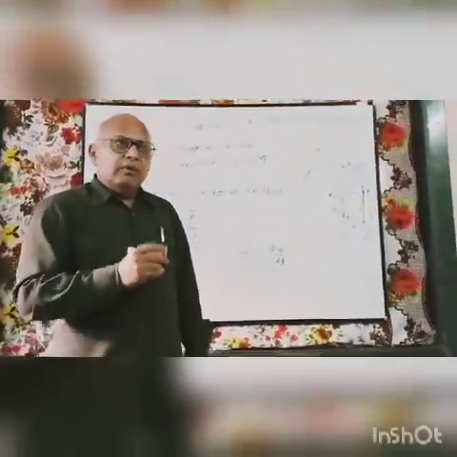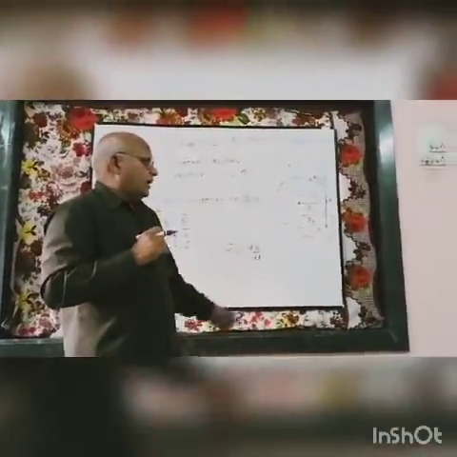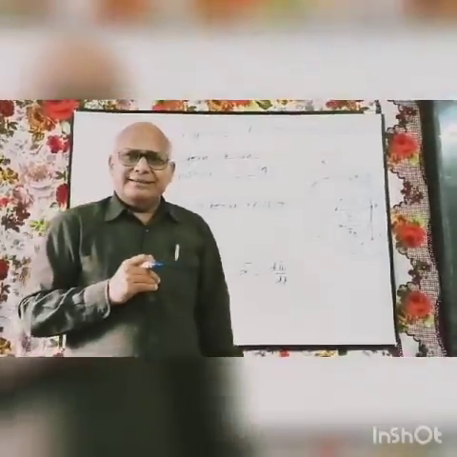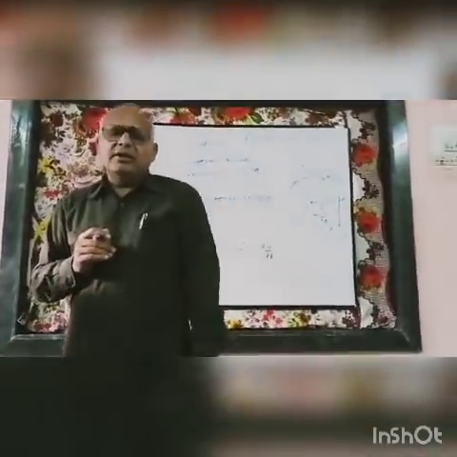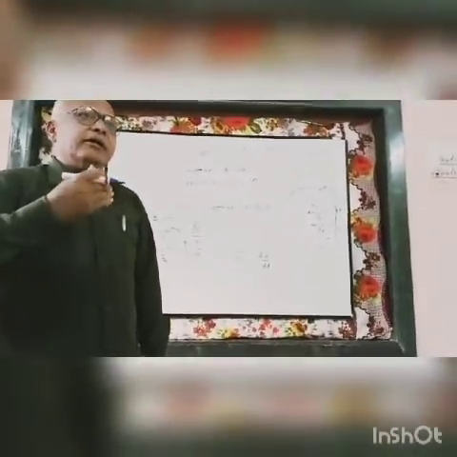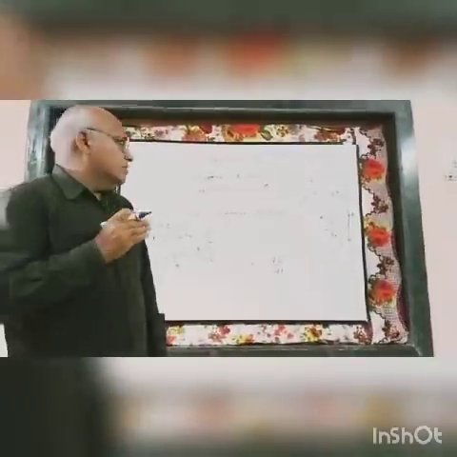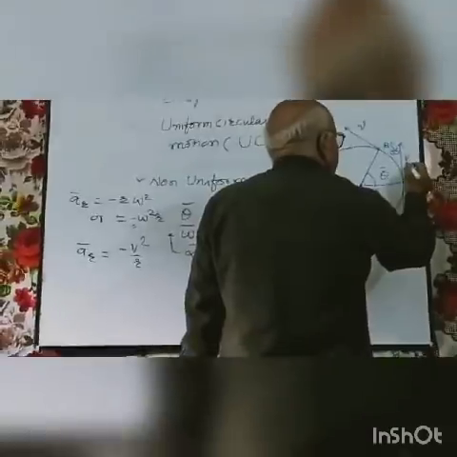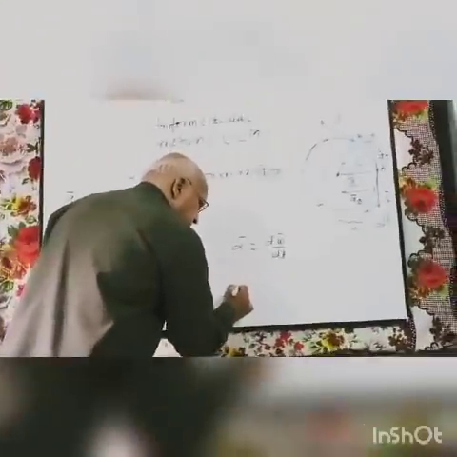Here the velocity vector is going to decrease, and the acceleration also decreases, and therefore this tangential acceleration follows the increase or decrease in velocity, as it is tangent to the circumference of the circle. That's why it is called tangential acceleration.